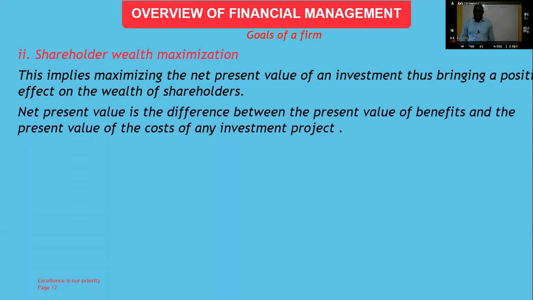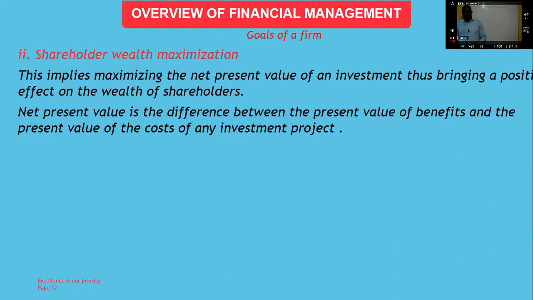Net present value refers to the difference between the present value of benefits and the present value of the costs of any investment project. In other words, the present value of the cash inflows that we have received, we less the present value of the cash outflows. The difference is what we call the net present value.